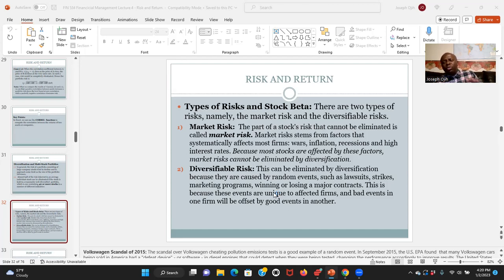Many projections were made about the price of oil, I'm talking about crude oil, the WTI and the Brent crude, in 2018, 2019, but all those predictions went out the roof when the world was struck by COVID-19.